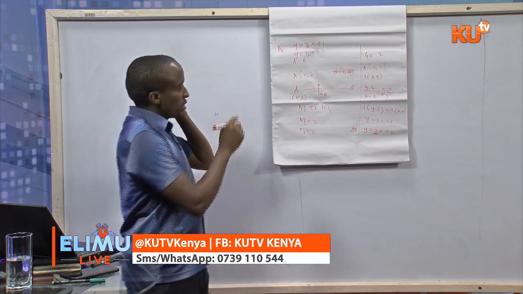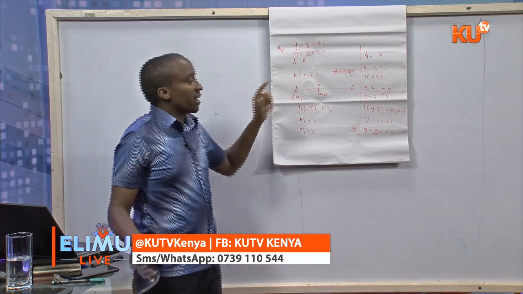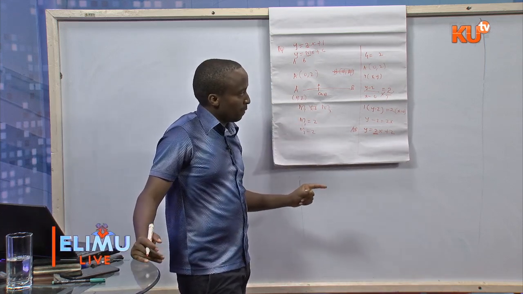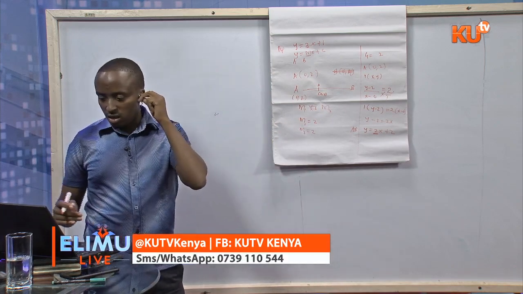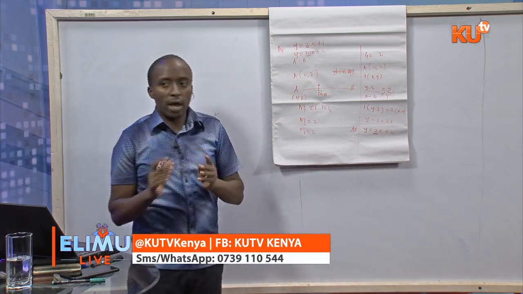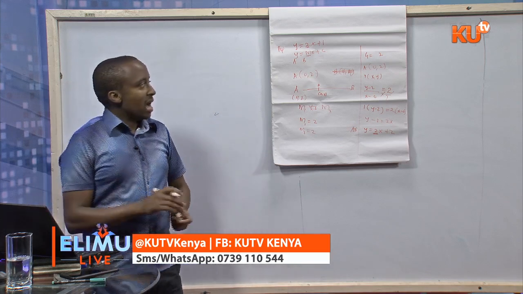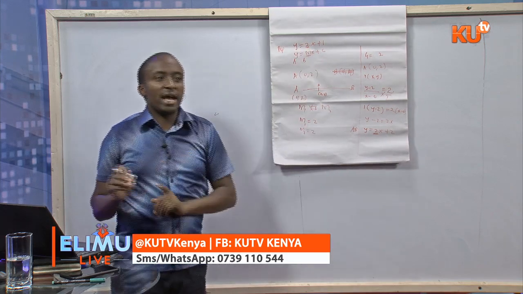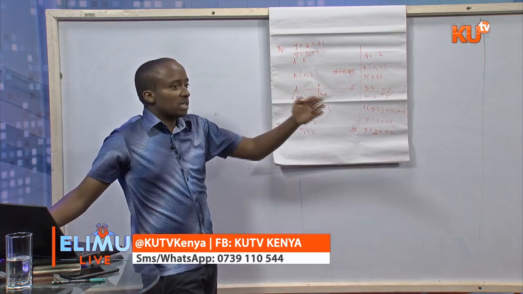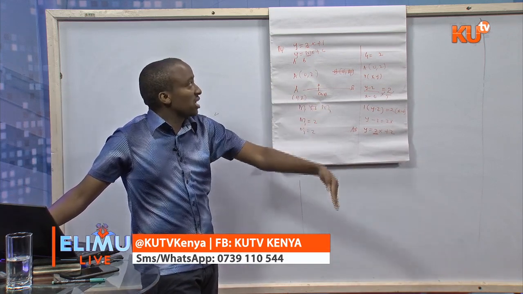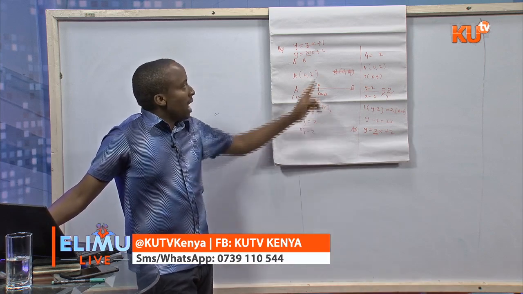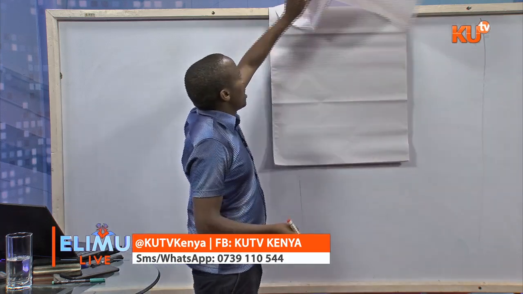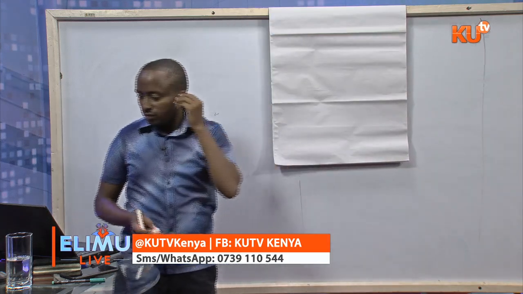So the concept you have to take home today is to know what the gradient is, how to find the equation of a straight line, how to interpret the equation of a straight line, that is y equals mx plus c, how to solve problems given that two lines are perpendicular to each other at 90 degrees, and how to operate a question given that two lines are parallel to each other.